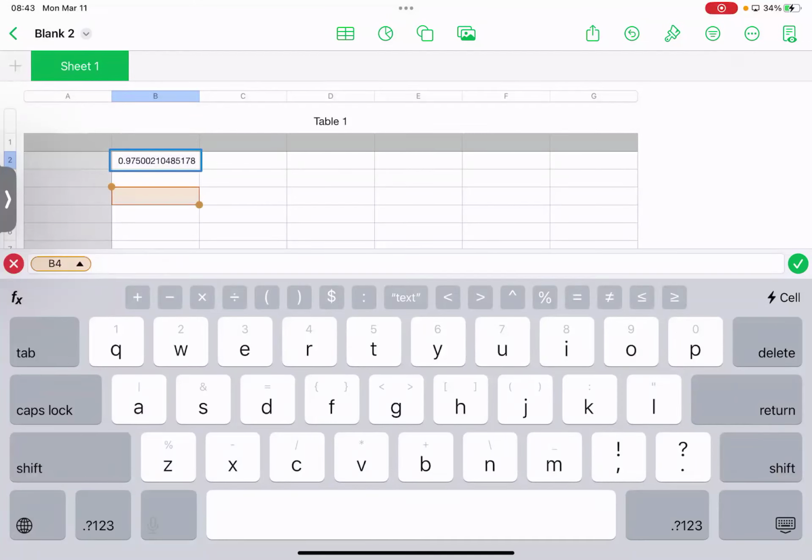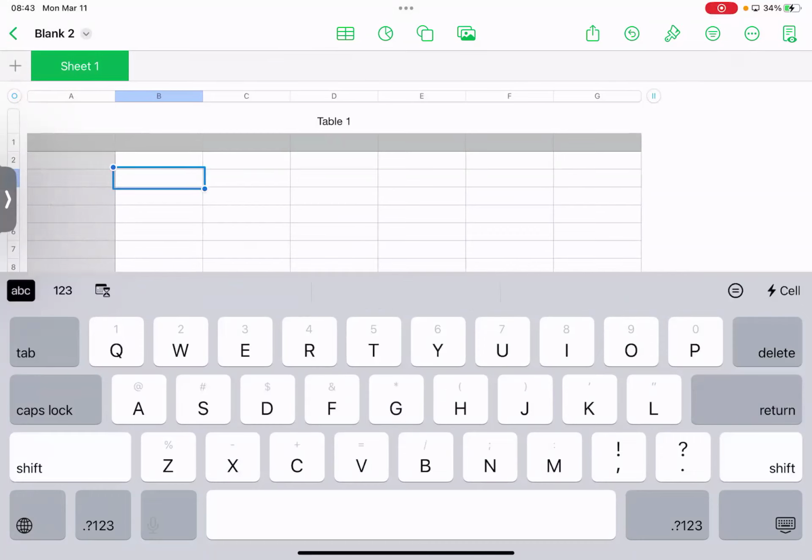Okay. No. How can I delete this? Okay, sure.